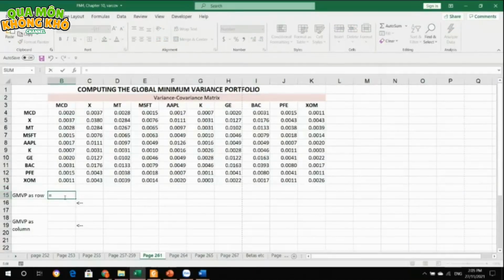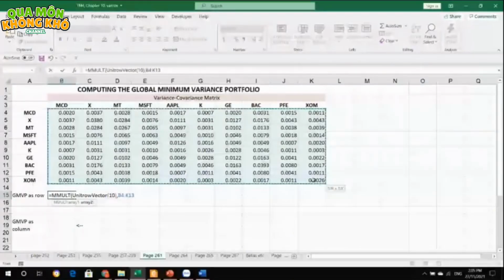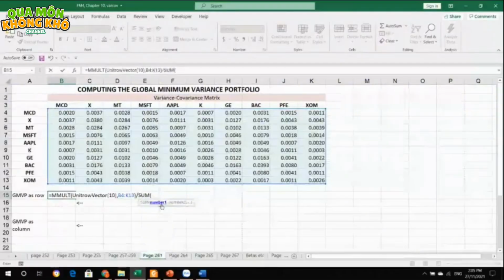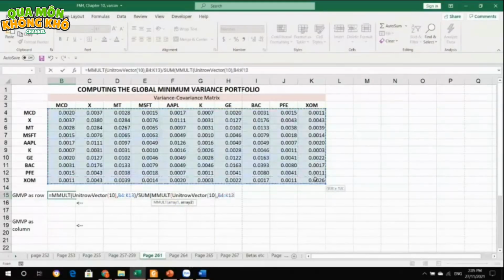We use the function here: the unit row vector, and here it is for the 10 stocks, multiplied by the variance covariance matrix, divided by the sum of the unit row vector and the matrix.